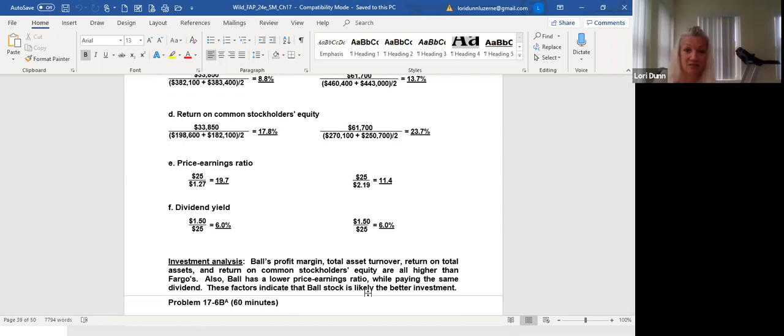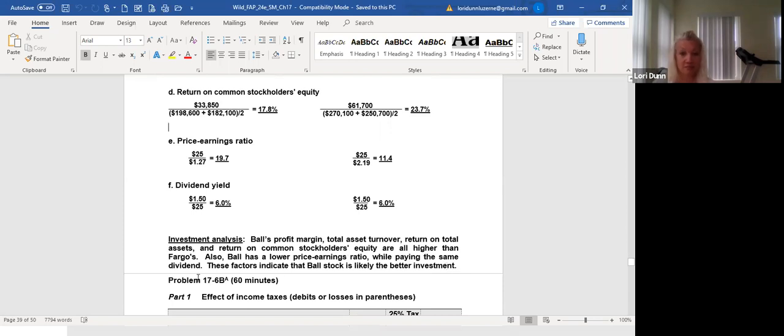Ball's profit margin, asset turnover, return on total assets, and return on common stockholders' equity are all higher than Fargo's. Ball has a lower price earnings ratio while paying the same dividend. These factors indicate Ball stock is likely the better investment, just from that profitability standpoint. Are there any questions on that?